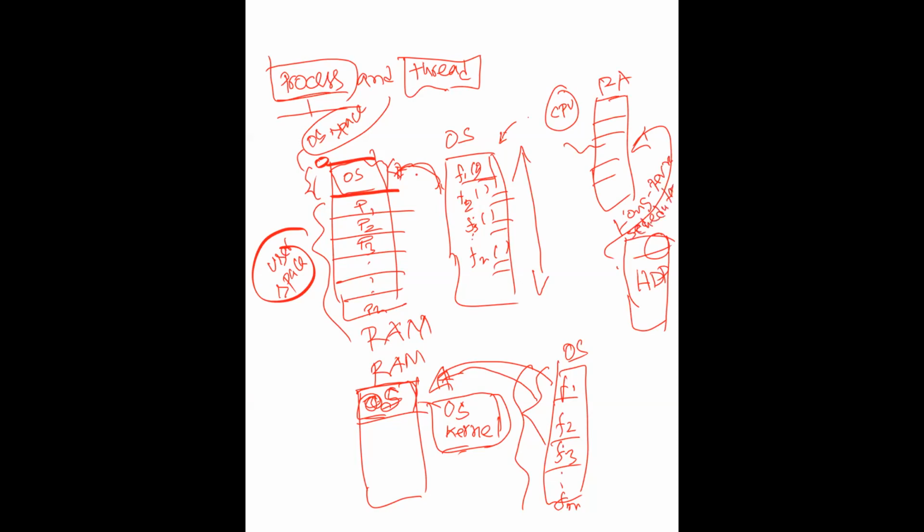And when a process is trying to get the CPU, the function of the operating system that schedules it is the short-term scheduler. It schedules a process from memory to CPU.